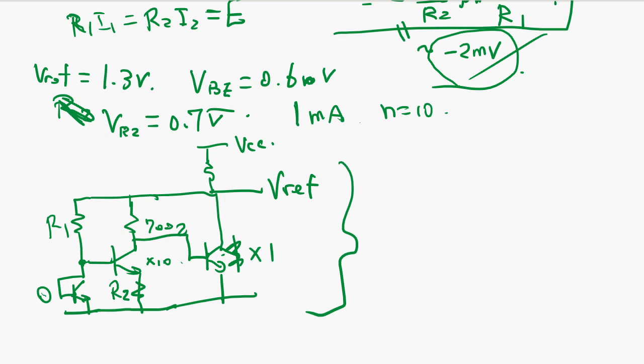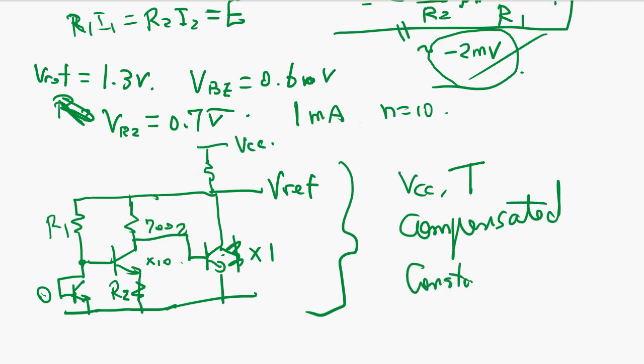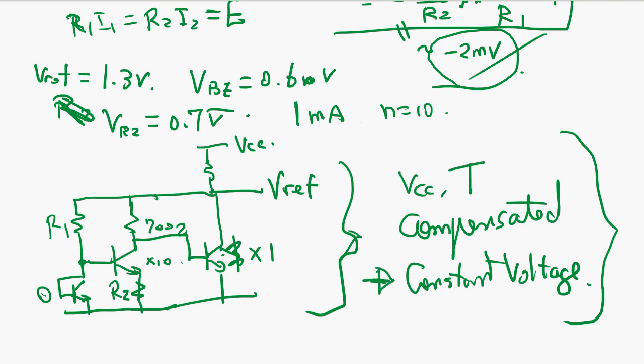Then you get VCC-independent, temperature-compensated, constant voltage. Remember, this circuit you have to go through many times and memorize, because this is the most basic analog circuit you use in analog chip design, the constant voltage generator.